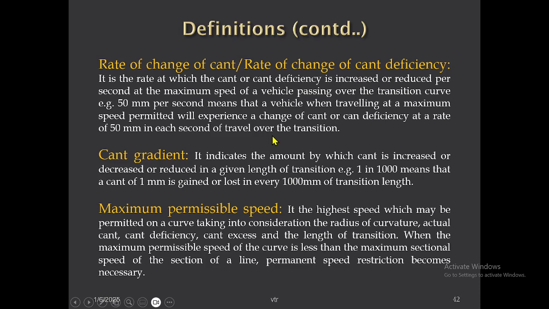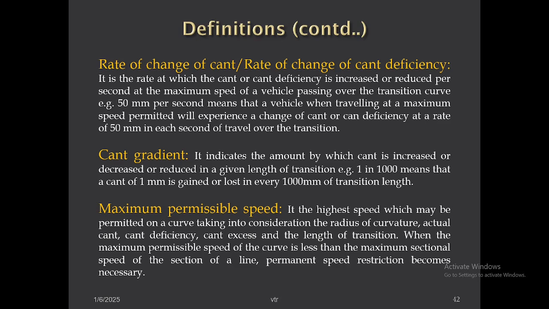Further, we develop the rate of change of cant and the rate of change of cant deficiency. That normally takes place in the transition portion, because, as already discussed, in our railway we connect the circular curve with the straight by providing a transition curve, the cubic parabola.